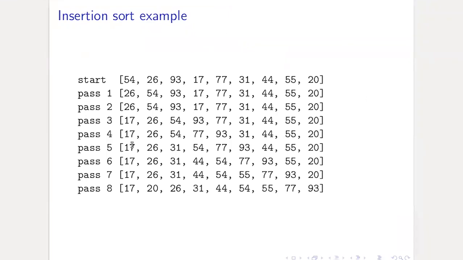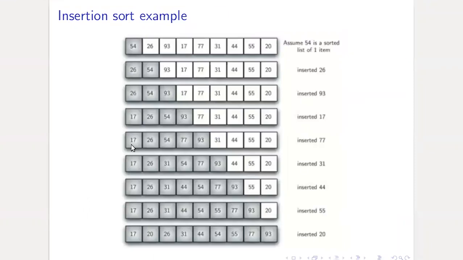Here's a sample run of the insertion sort. Let me show what is happening here. This is your input array. We just take the first one, and it's sorted because it's a single element. Then we take the next one, and obviously we have to swap these 2.